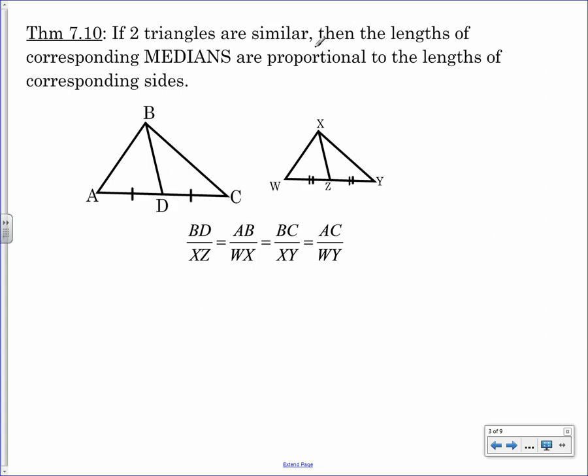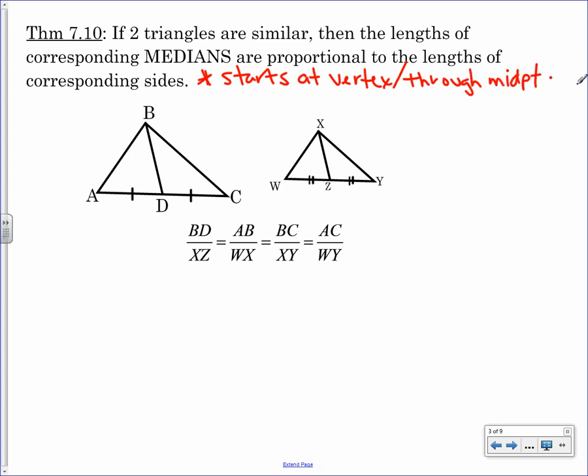If two triangles are similar, then the lengths of the corresponding medians are proportional to the lengths of the corresponding sides. A median, again, starts at the vertex, goes through the midpoint of the opposite side. So it goes through the middle. If you need to write that down, you can. I think the last one was probably pretty easy, but some people forget it has to start at the vertex. Starts at vertex, through midpoint, if you want to say that.